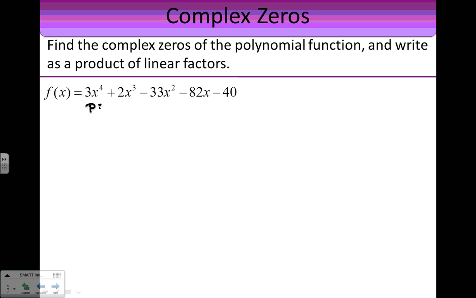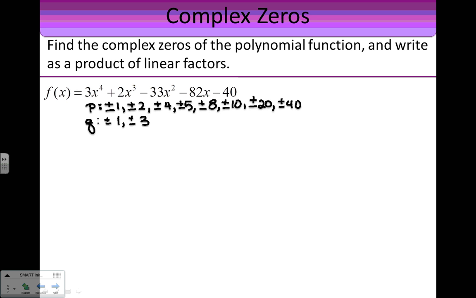P are the factors of 40. And q's are the factors of 3. So when you do your p divided by q, take all of your p's, divide them by all of your q's.